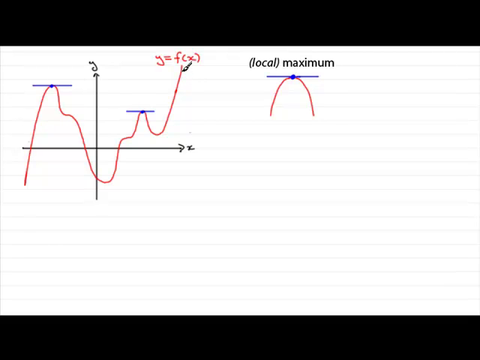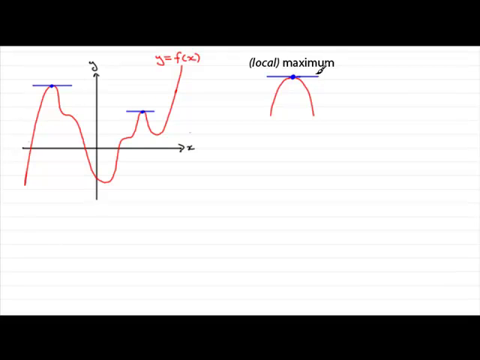You'll see that there's points up here, for instance, that are much greater than the y value here. And when it comes to this point, clearly y values from about here onwards are greater than this y value. It's called local because in this region close to that point, this y value is greater than all the y values around it. And the same applies to this point here, this region. So we've got a local maximum.